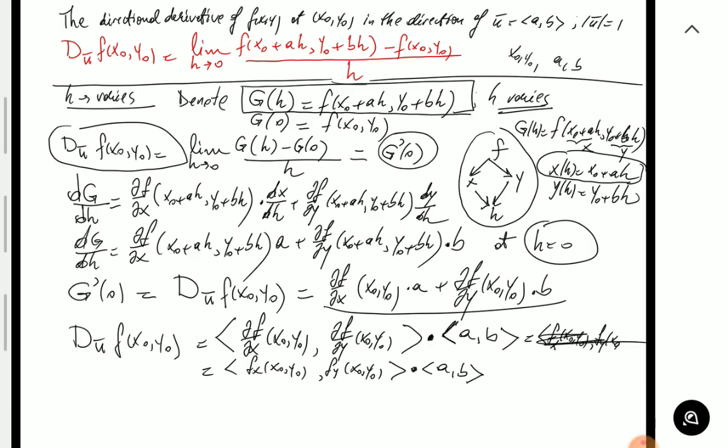All right, so let's pause for a moment. This vector of partial derivatives is a very important vector. The vector whose components are the partial derivatives of the function is called the gradient of f at the point x naught, y naught, and is typically denoted with an inverted delta, the gradient of f at the point x naught, y naught.